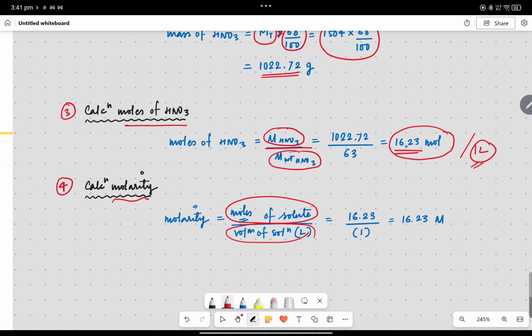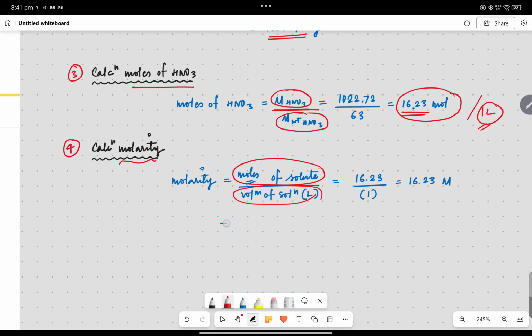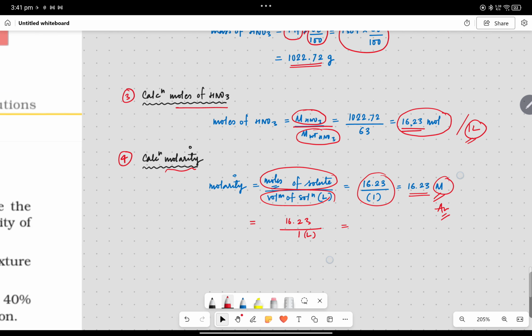So in 1 liter solution I have 16.23 moles of HNO3, and that's why the molarity is going to be 16.23 molar, right? So this is the answer that you have to write.